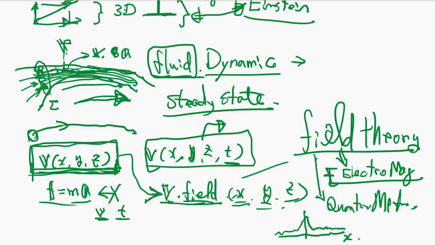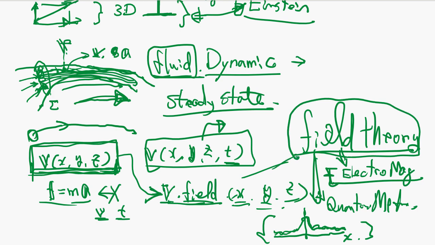It's not in a single location. It's not a particle. Actually, it looks like a wave, behaves like a wave, but when you observe, it's observed like a particle. It's getting very complicated, the quantum mechanics. But the vector field theory also becomes the basis for this.